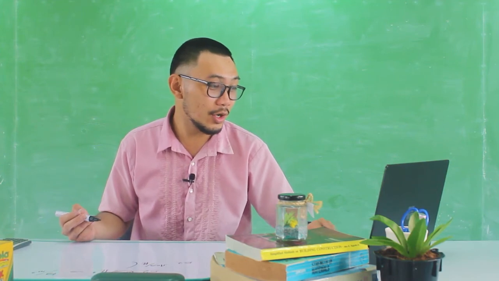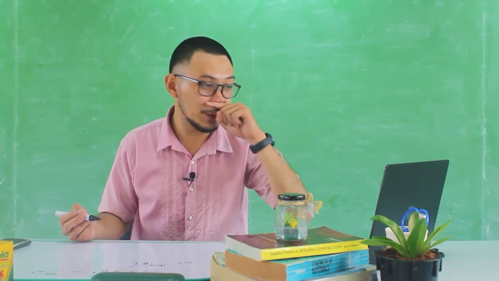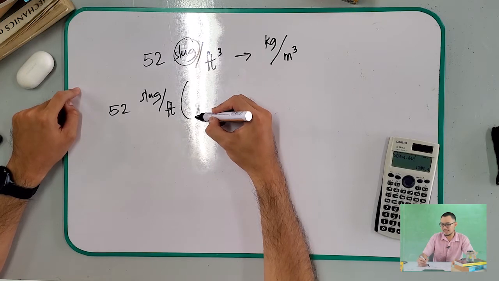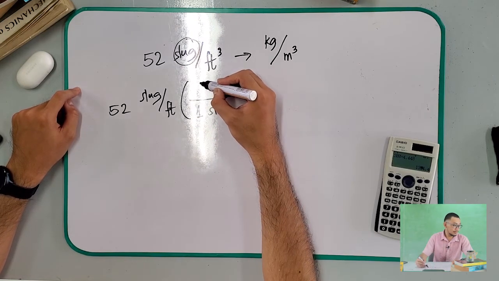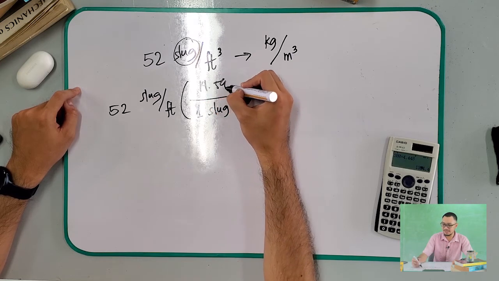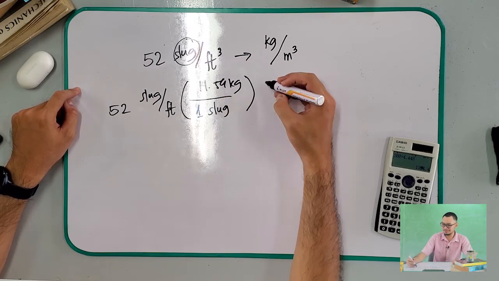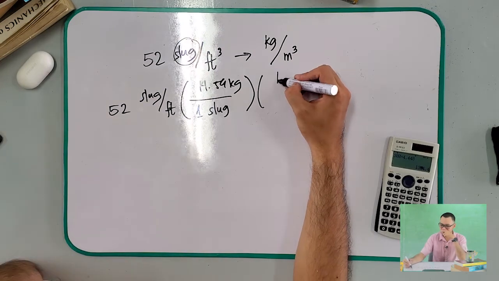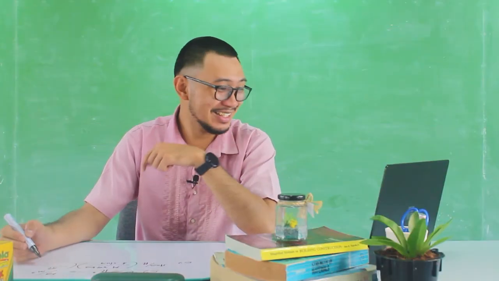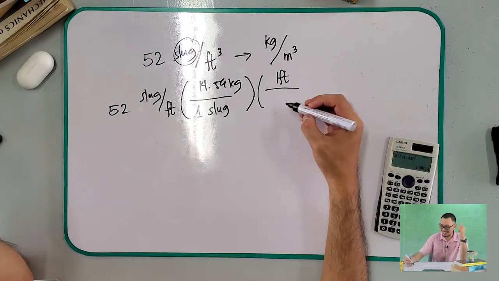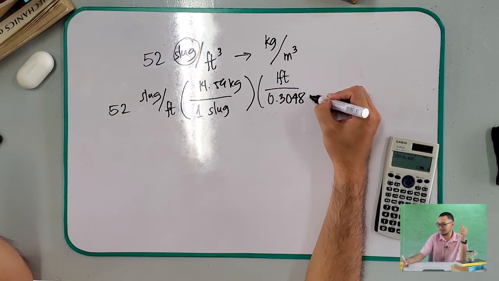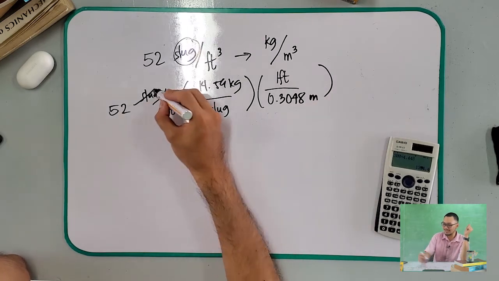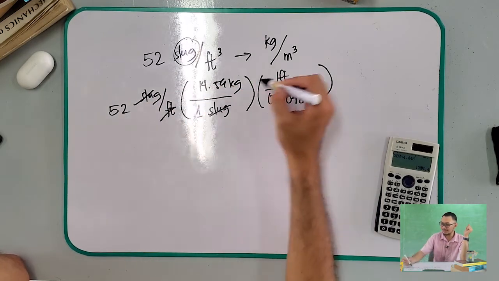So, we all know that 1 slug is equal to 14.59 kilograms. And 1 feet is equal to 0.3048 meters. The slug cancels, the feet cancels.